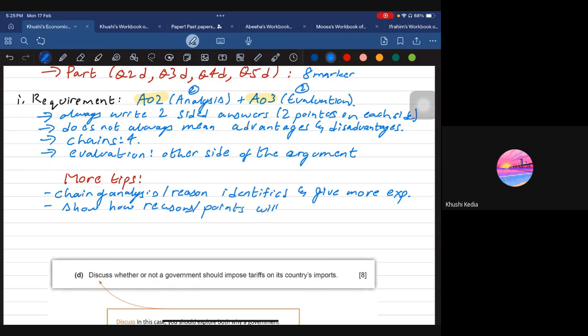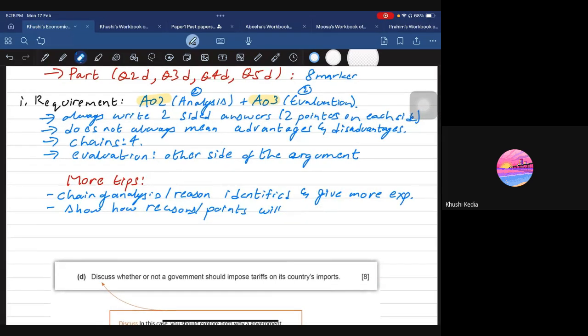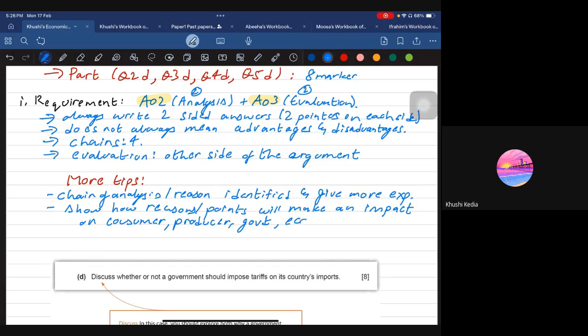Students always ask that we do not have enough points to write about this. So how can you write more points? By seeing the impact it will make on, let's say, the consumer, producer, government, overall economy.